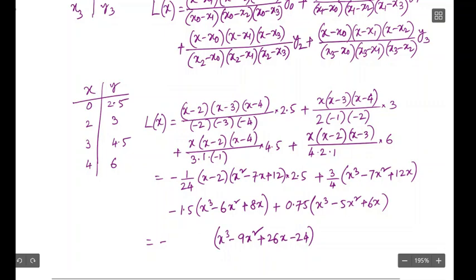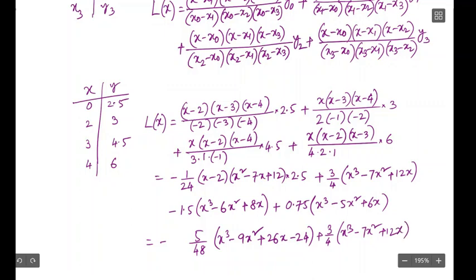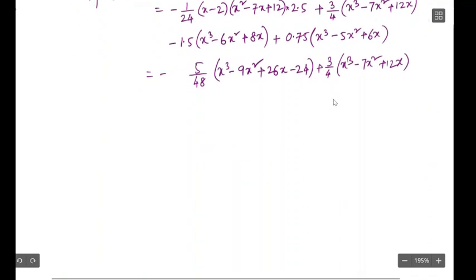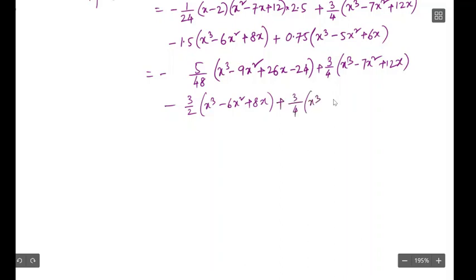I can write it as 5 by 48 plus 3 by 4 into x cube minus 7x square plus 12x, minus 3 by 2 into x cube minus 6x square plus 8x, plus 3 by 4 into x cube minus 7x square plus 12x.